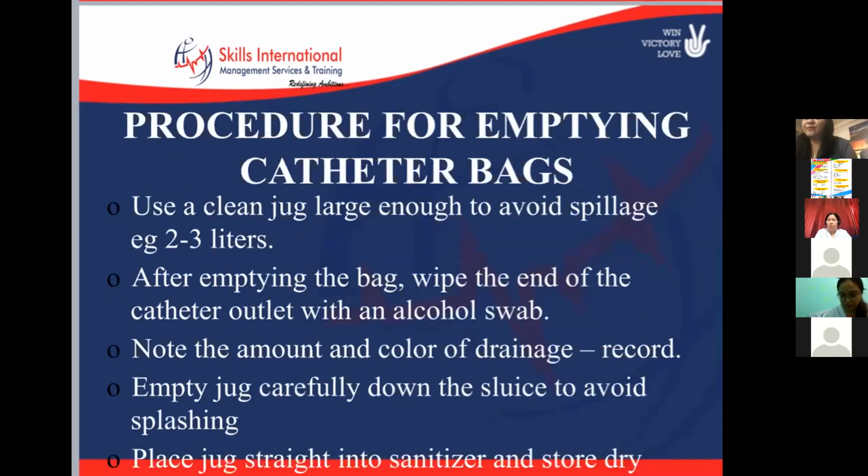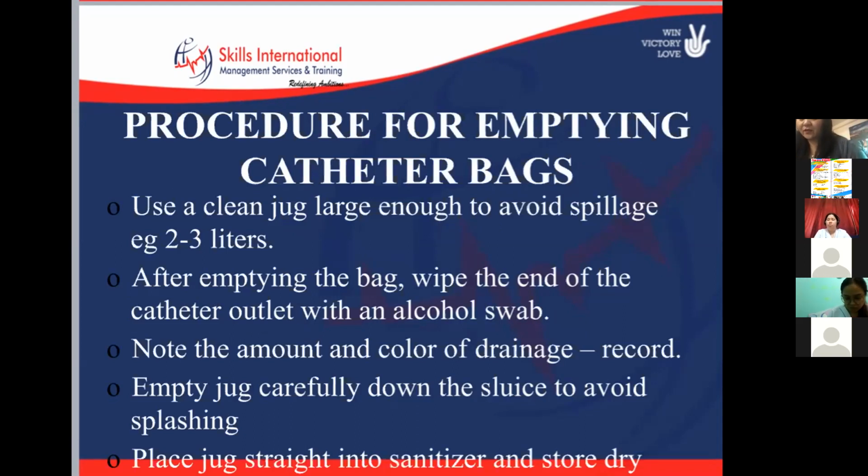Now, the procedure for emptying the catheter bag. You have to use a clean jug large enough to avoid spillage, for example, 2 to 3 liters. After emptying the bag, you have to wipe the end of the catheter's outlet with an alcohol swab. You have to take down notes, the color and the amount of the drainage. You have to record that one.